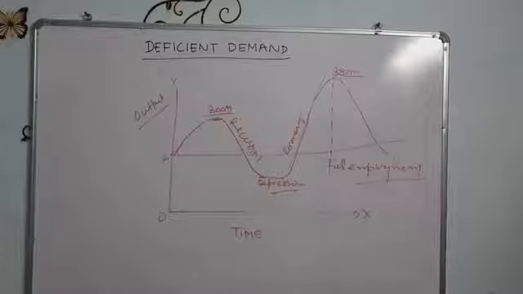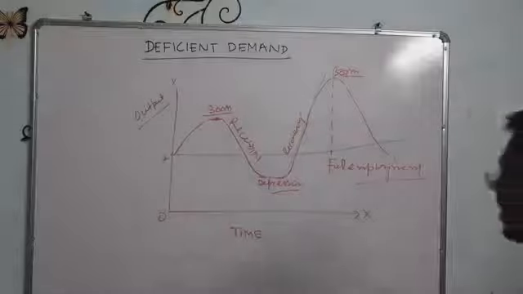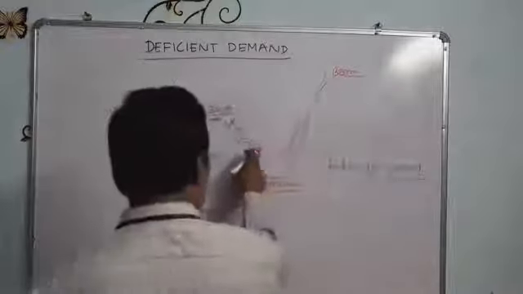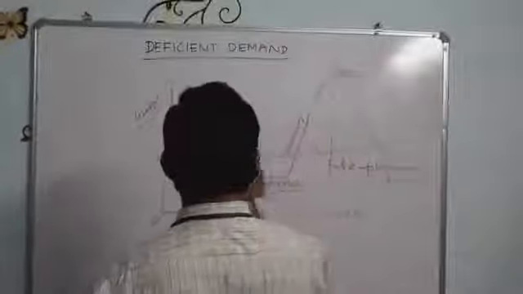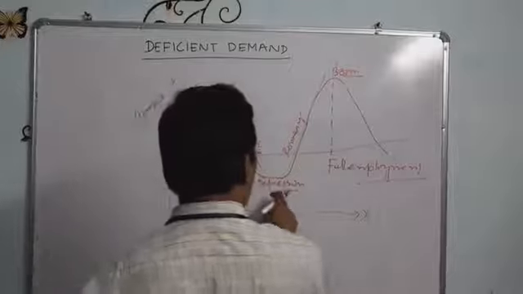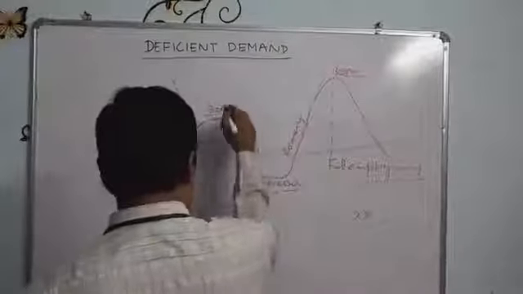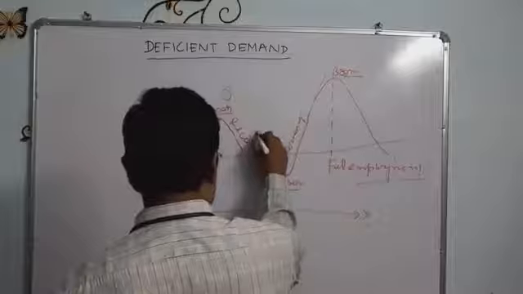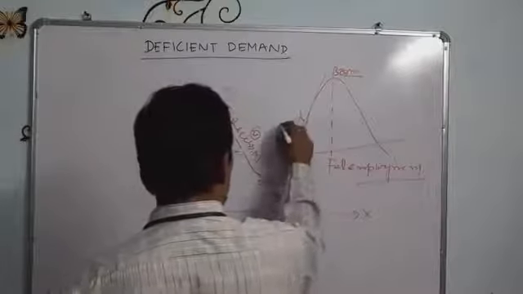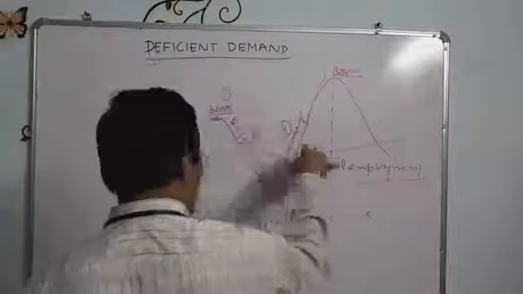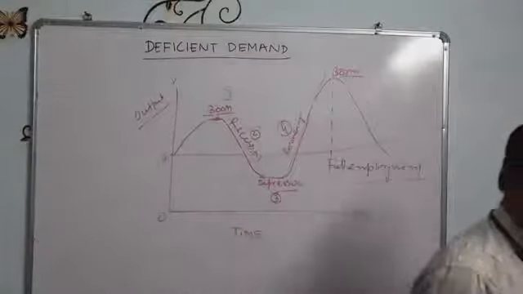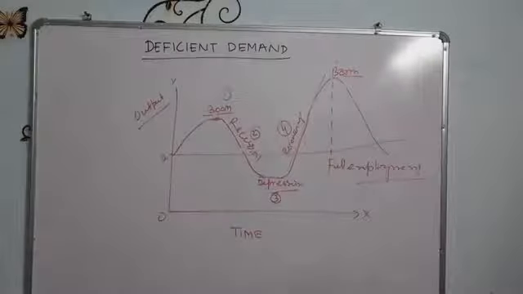These are the different stages: boom, recession, depression, recovery. Four stages. First stage, boom. Second stage, recession. Third stage, depression. Fourth stage, recovery. These are the four stages of the trade cycle.